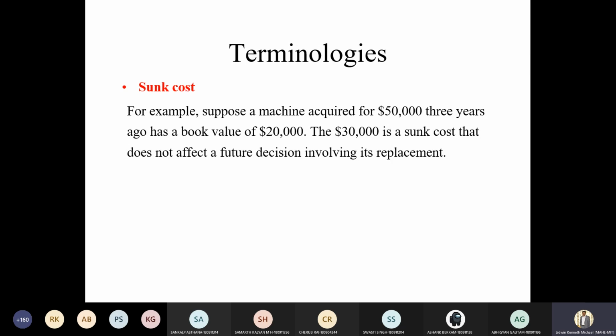See, the book value and the market value are not the same. They are different. Now, the book value of the machine is $20,000, right? That is the present value of the particular machine. The 30,000 is a sunk cost. That means whatever you have invested in the machine, you cannot recover it back, or it cannot be retrieved, right? So 30,000 is a sunk cost, and it cannot be used for any of your calculations.